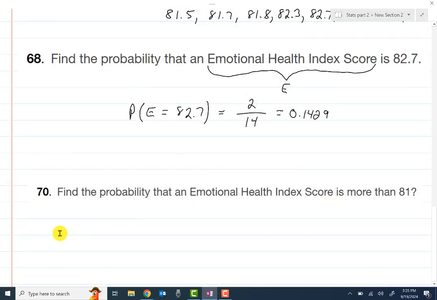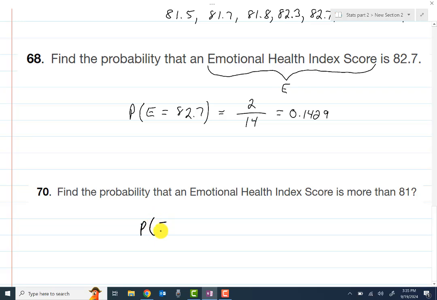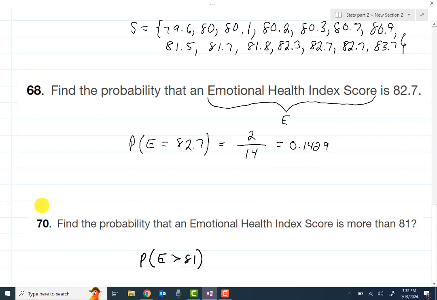I'm going to leave the odd ones for homework, and I'm going to do the even ones myself. So this one here says, find the probability that this E score is more than 81. So we want the probability that E is greater than 81. So I simply need to look at those that are greater than 81.